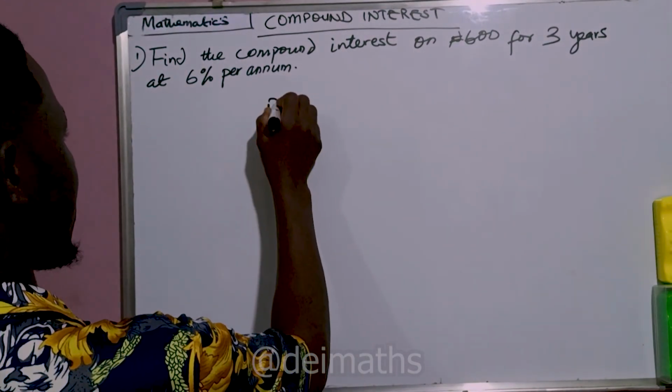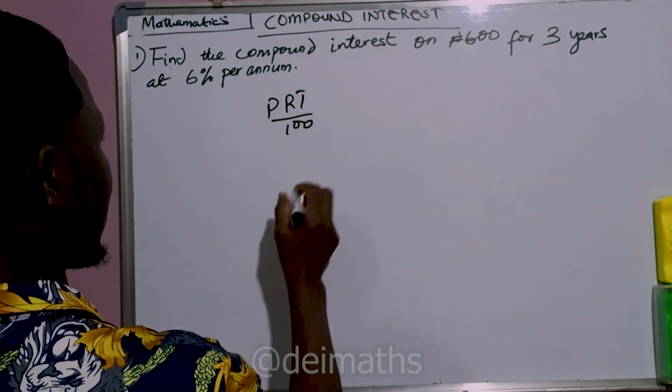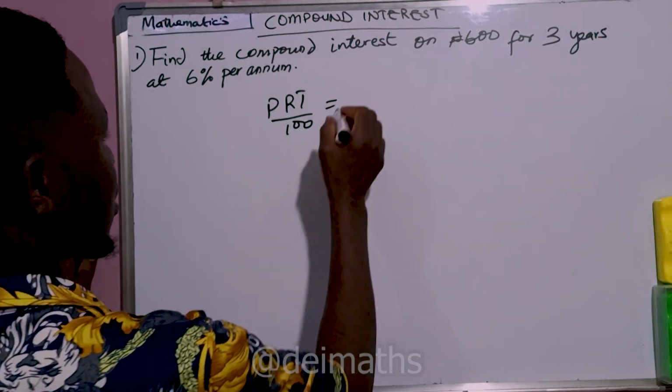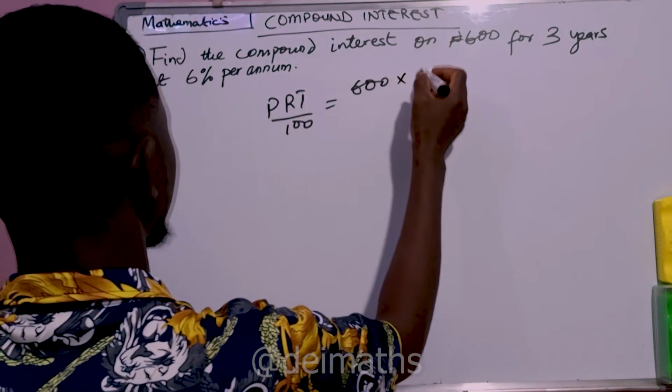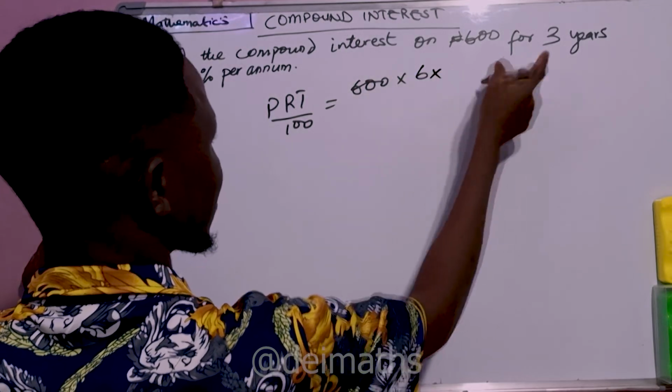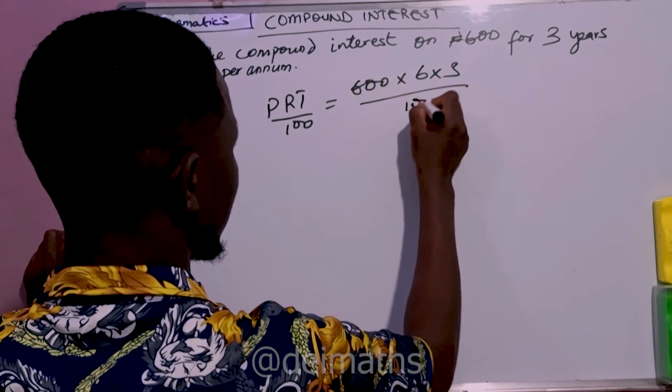The formula being PRT over 100, which is 600 times 6% times 3 years all over 100.